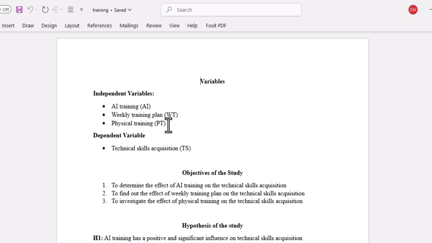So we are trying to see how AI training, weekly training plan, and physical training affect technical skills acquisition, which is our TS. These are the variables in the study.